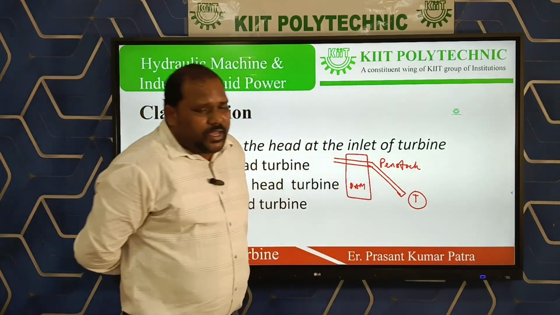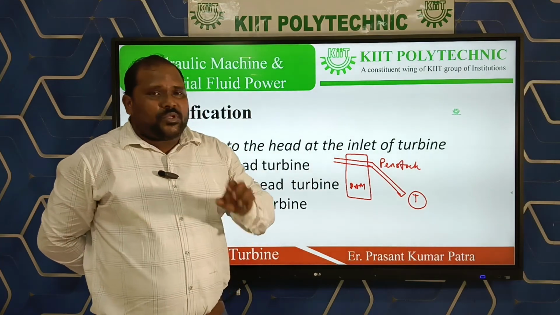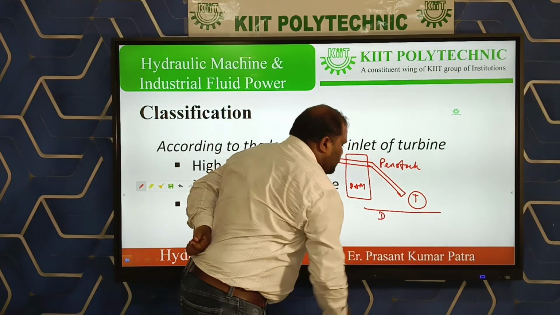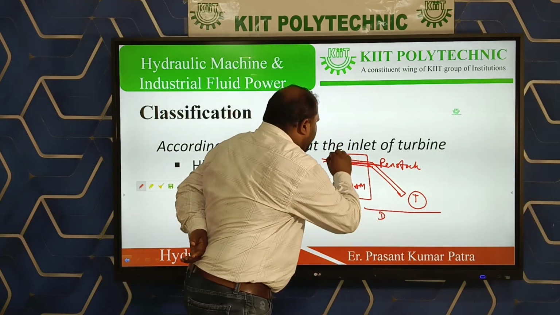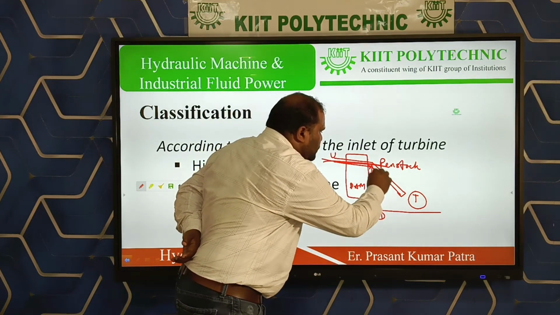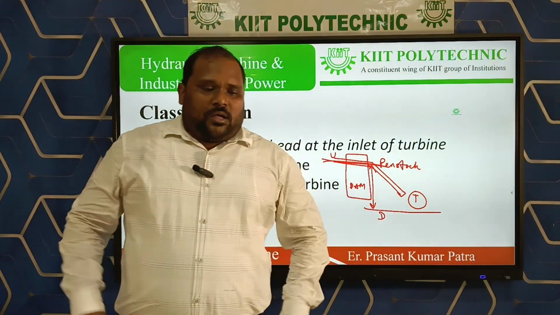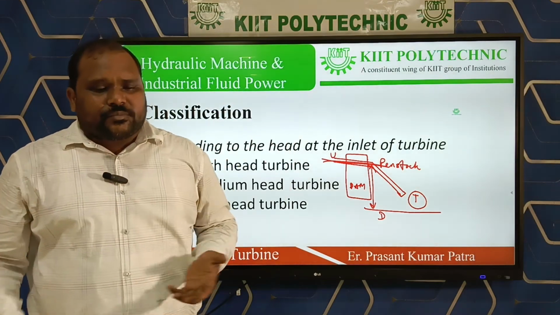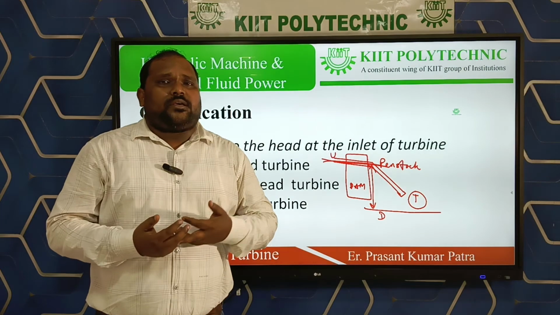So the penstock carries water from the dam to the turbine, and if this is the datum level and this is the upper level of the water, the difference between these two levels is known as the head. That means we know that if head is very high, then the potential energy is very high.